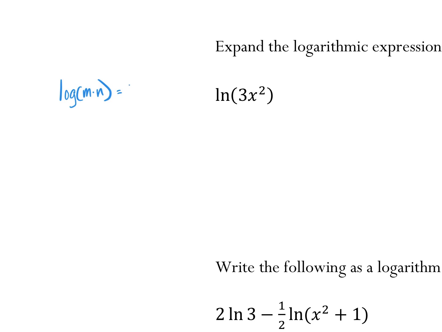So that is the equivalent of the log of one plus the log of the other. Multiply means I add my exponents. Likewise, the log of m over n. Division makes me subtract my exponents.